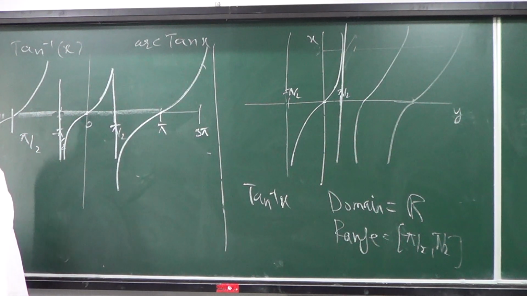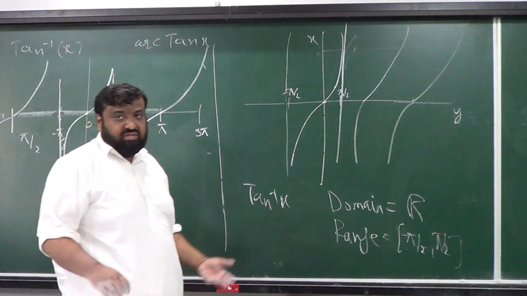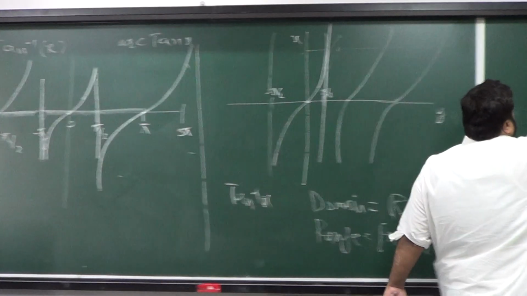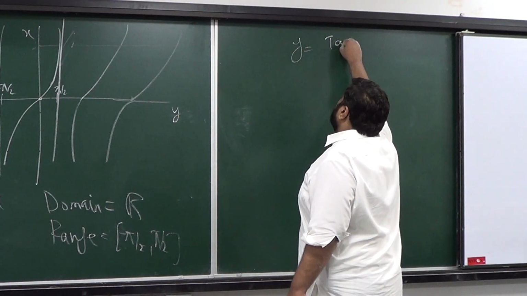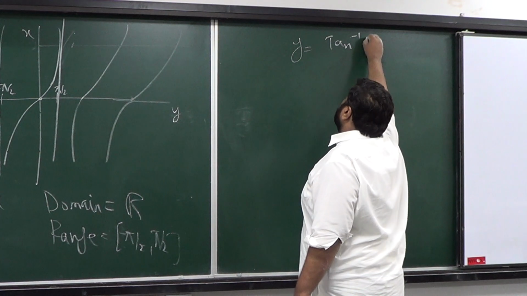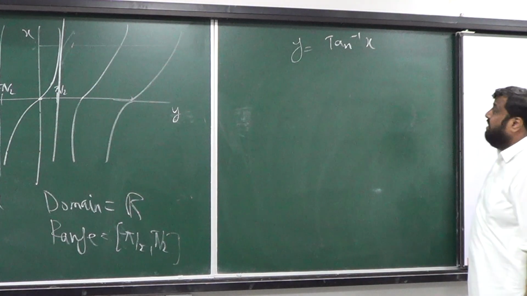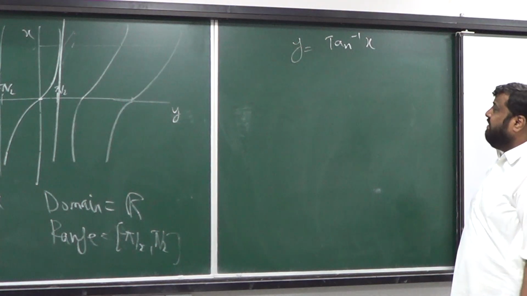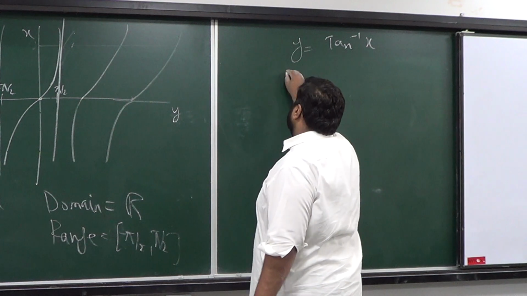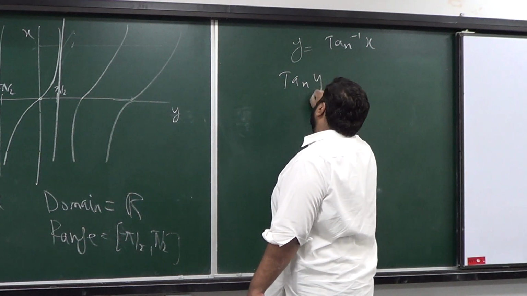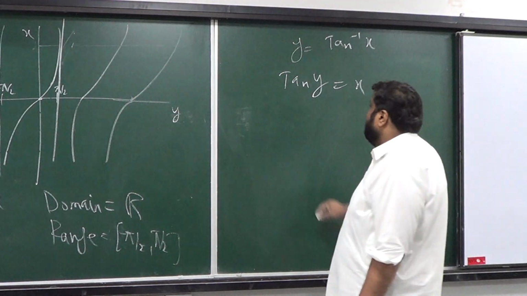And the same picture. How do we differentiate tangent inverse x? Imagine I'm taking y equals tangent inverse x, and I want to compute its derivative. This is the same as tangent y equals x, and differentiate both sides with respect to x.